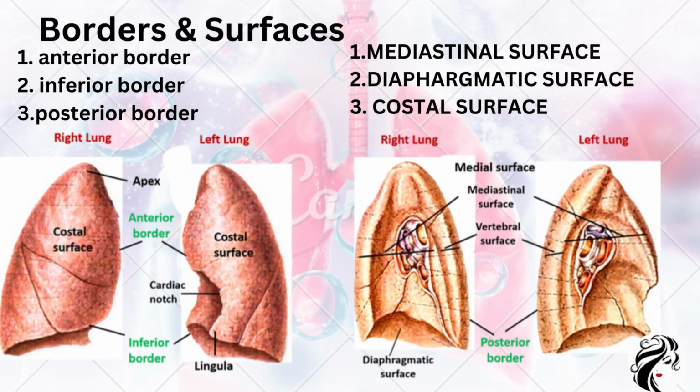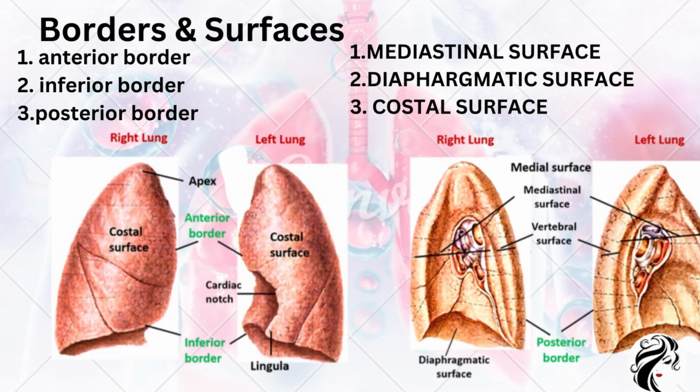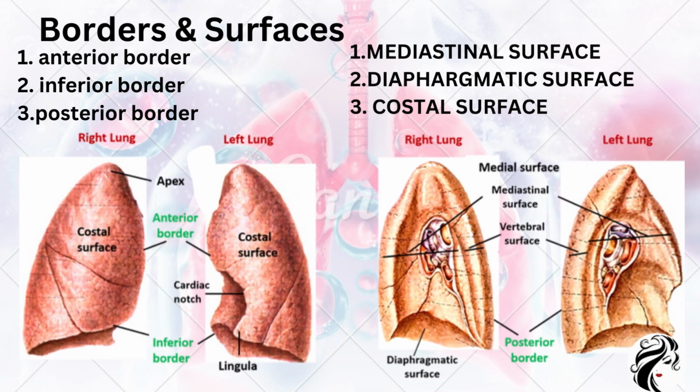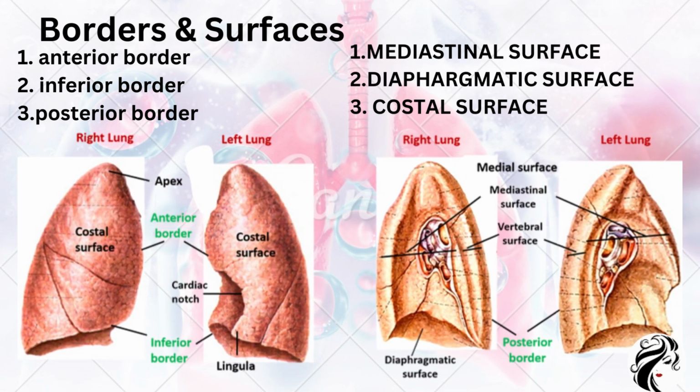As we discussed, we have borders and surfaces. There are three borders: the anterior, inferior, and posterior border, as written in green. On the anterior side we have the anterior border, inferiorly we have the inferior border, and posteriorly we have the posterior border. Then the mediastinal surface, diaphragmatic surface, and costal surface.